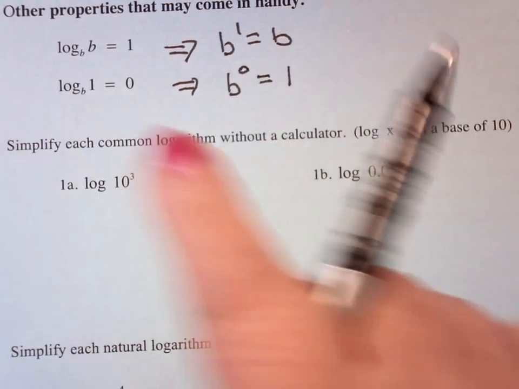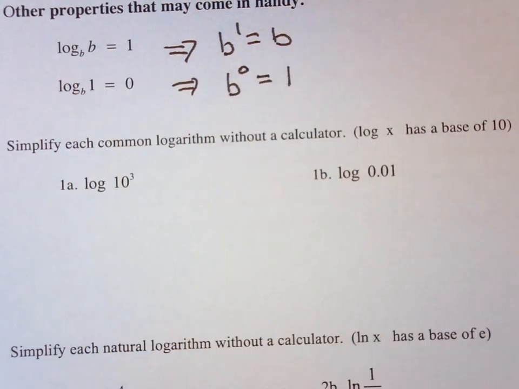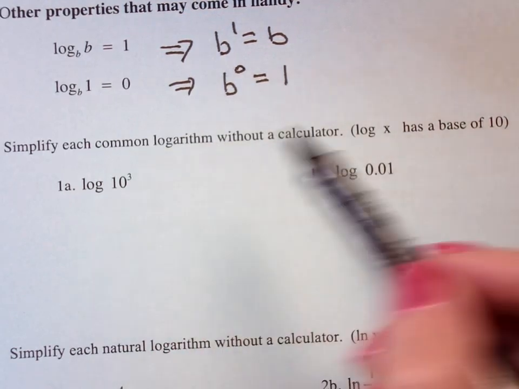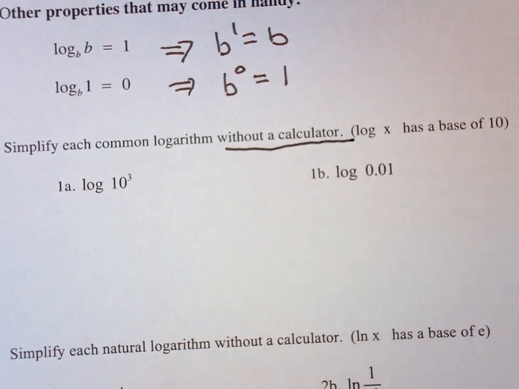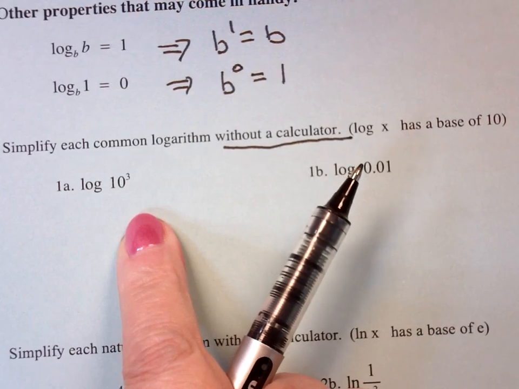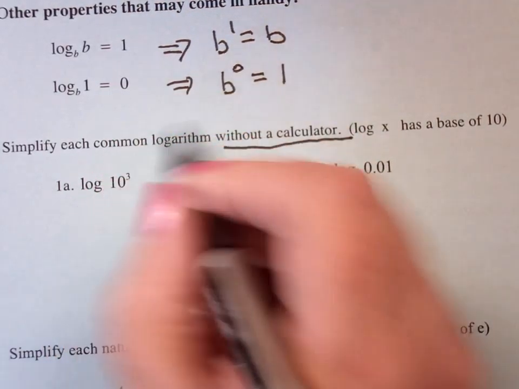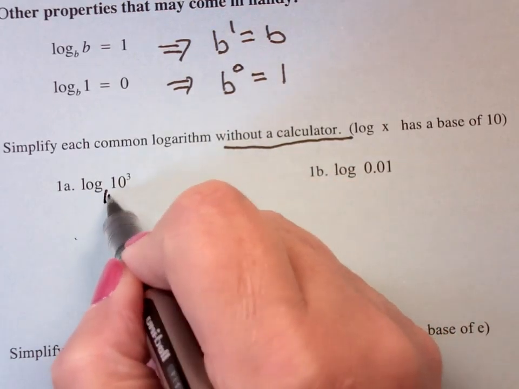And we're going to be using this guy right here in these next problems. It says, suppose I want to find, without a calculator, the log of 10 cubed. Well, this log is base 10.